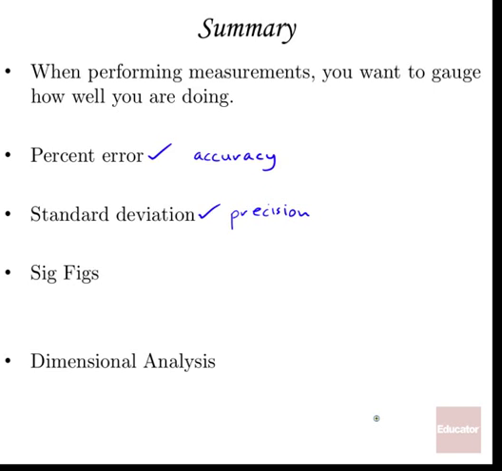We also learned the concept of significant figures, and significant figures is related to precision. Finally, we learned a very fundamental concept in all of the physical sciences, which is dimensional analysis, which follows the same basic pattern where we can go from unit A to unit B using a conversion factor.